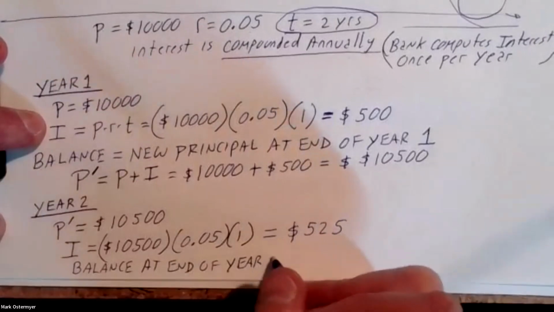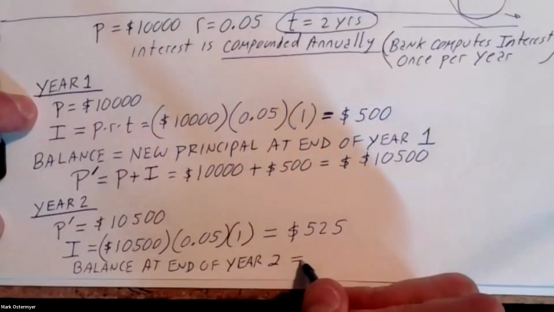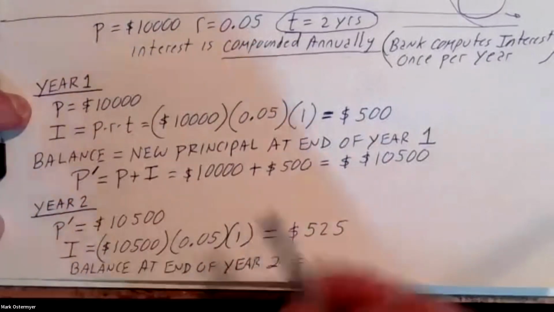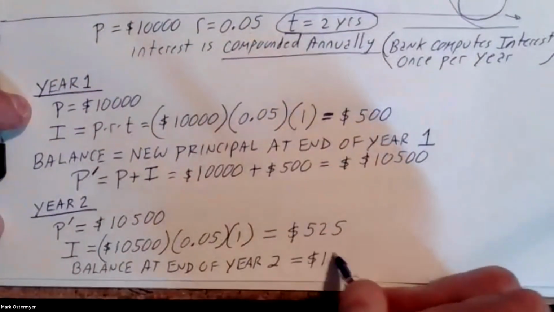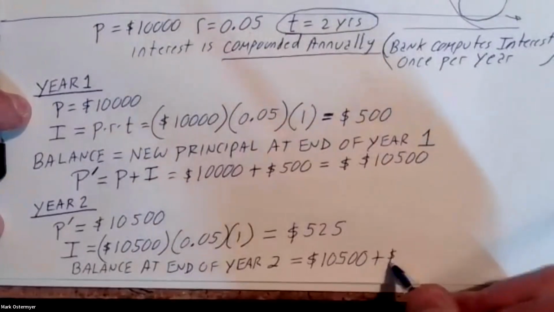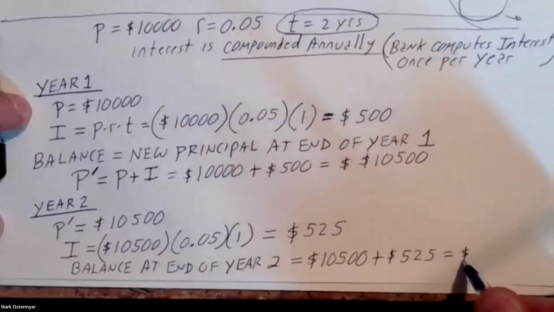Well, that's going to be our starting balance at the beginning of year 2, which is what? What was our starting balance at the beginning of year 2? Not $10,000. No, it's the $10,500. Plus, how much more interest did we earn during year 2? $525.